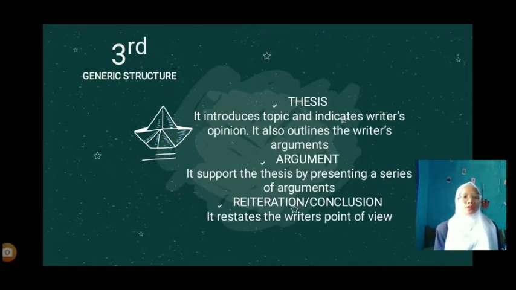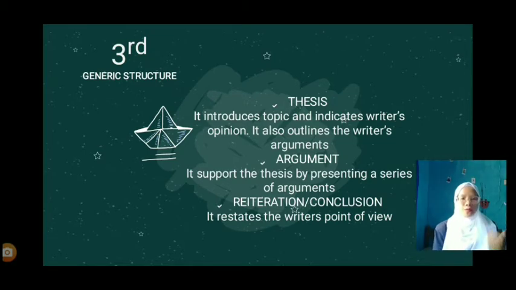So the second one is the arguments. It supports the thesis by presenting a series of arguments. Okay, after we introduce the topic in the first stage, in the first paragraph, here in the second paragraph the writers try to give opinions or arguments, the reasons to support the thesis itself.